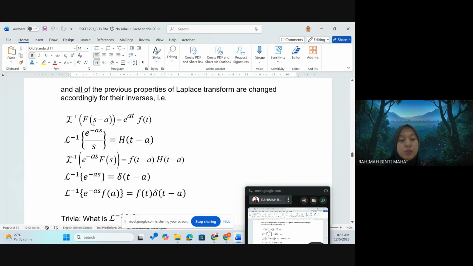These are the formulas as well. Actually, from the table you can find both, vice versa: from capital F to small f, and from small f to capital F. You can just follow the table. For this one, we have the inverse Laplace of F s minus a, and then exponent a t.